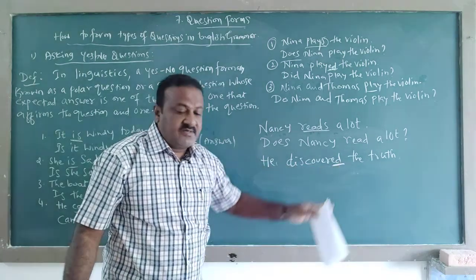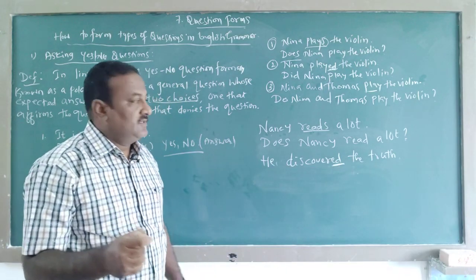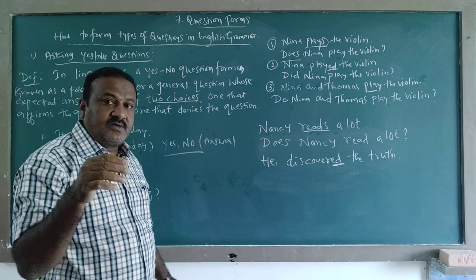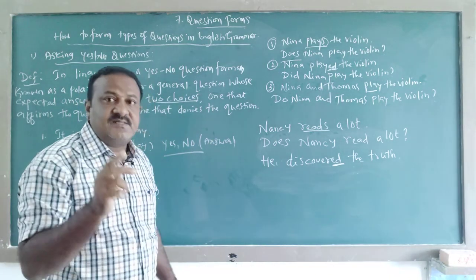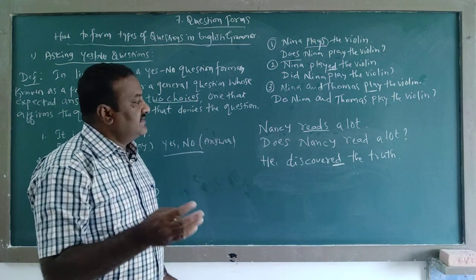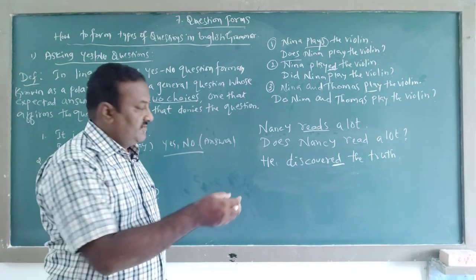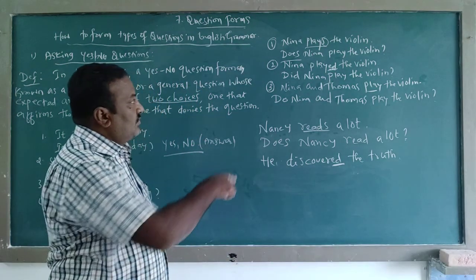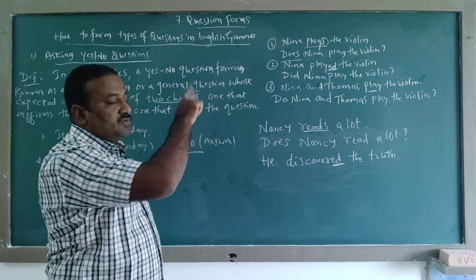He discovered the truth. There is no direct helping verb. If there were, we could easily write it, but then what should we do? We have to go through operating verbs.